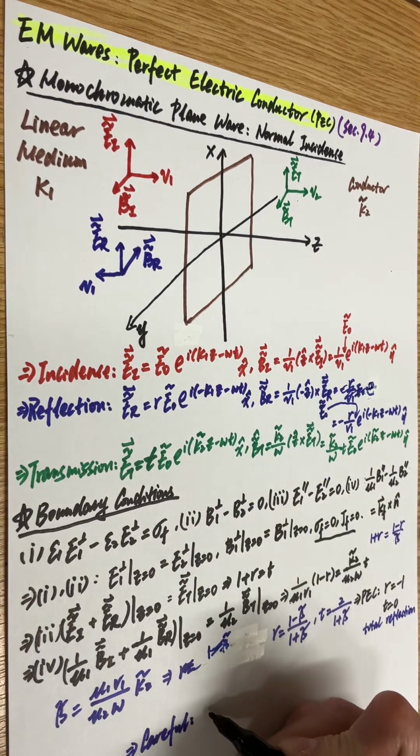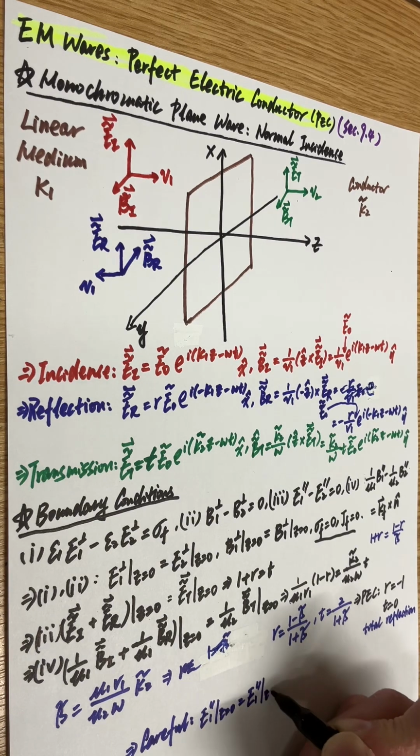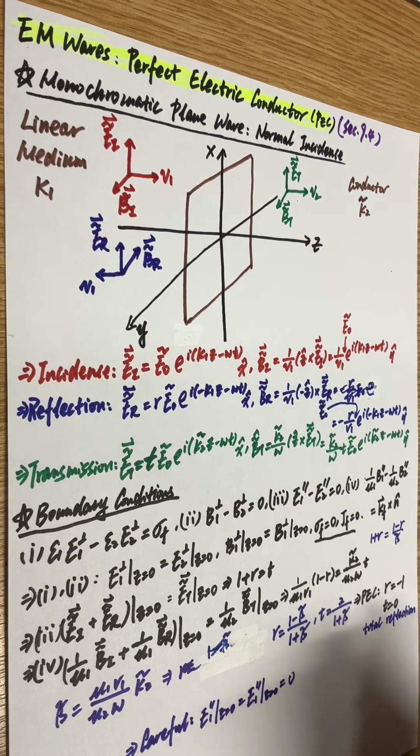So for the electrical field, we have the electrical field on the left at Z equal to 0 equal to the electrical field on the right at Z equal to 0, which is just 0.